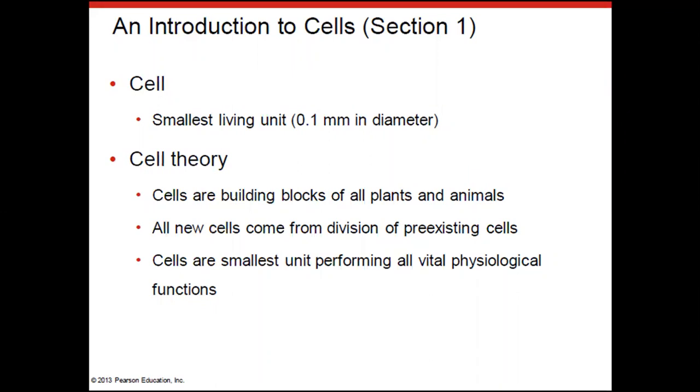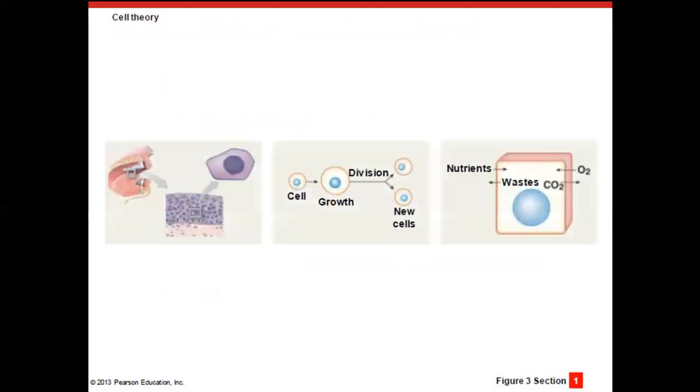So if you think about a tissue or an organ that's made up of tissues, tissues are made up of cells, like connective tissue or muscle tissue. That's made up of cells that are performing the job of that tissue. So ultimately, you can be broken down into a number of different types of cells that perform a specific function, and that function helps keep you alive. This figure here, I'm not going to spend any time on because it just kind of overviews in a figure the cell theory.